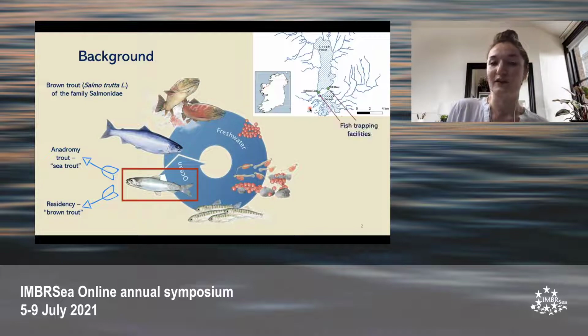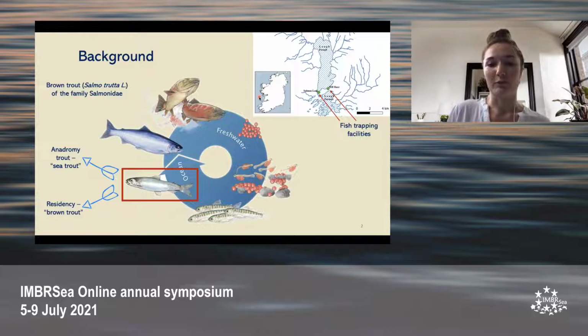What is quite advantageous to this site is that it has two fish trapping facilities, which are monitoring eel and salmonid movement between Lough Feeagh and downstream to Lough Furnace and back upstream. Due to this, the catchment is of national and international importance for salmonid monitoring and provides data to ICES to assess the status of salmonids in Ireland and in the wider North Atlantic.